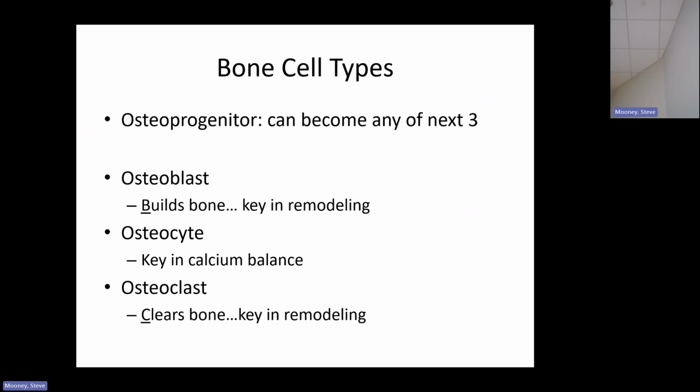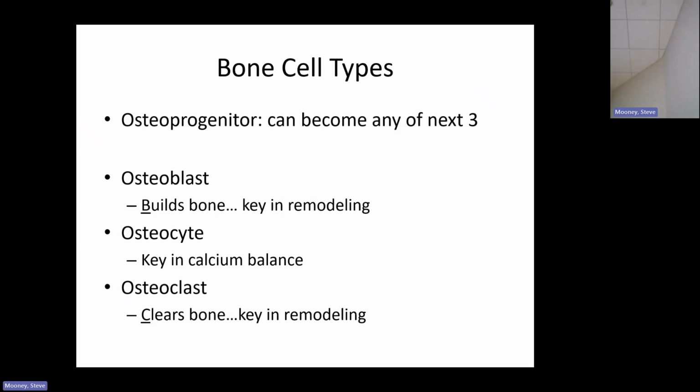The osteocyte is key in calcium balance in the body. We think about the bones as a reservoir for calcium, phosphorus. When we need those things, we take a withdrawal from the bank. Calcium, the osteocyte's there to remove that calcium when the animal needs it.